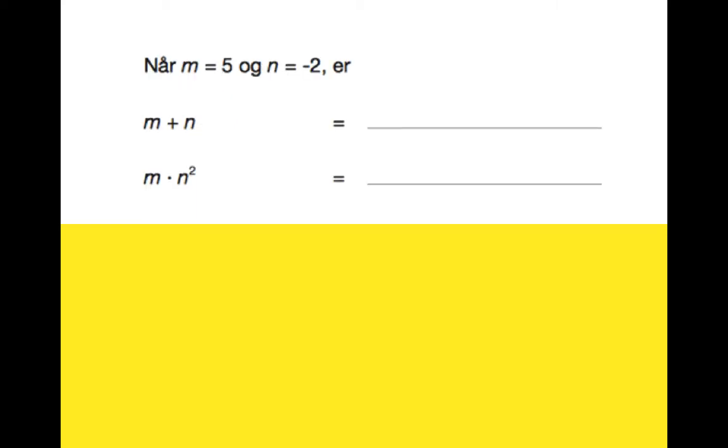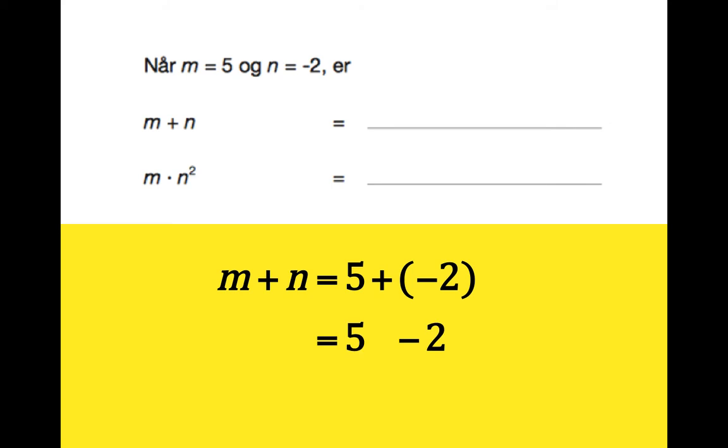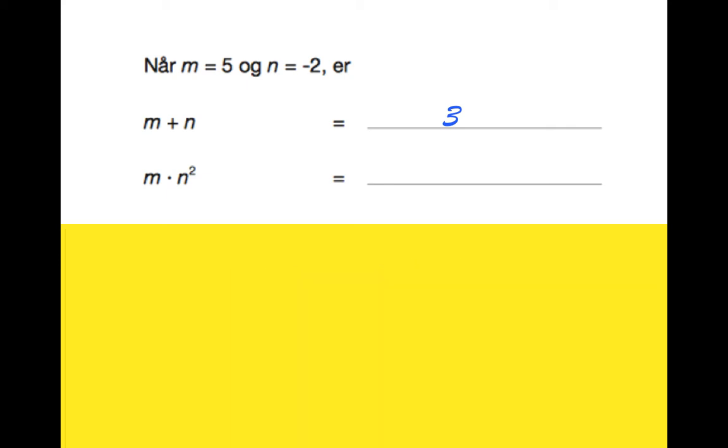Now the next couple of questions ask you to substitute some numbers for letters. So when m is 5 and n is minus 2, then m plus n is what? So m plus n is 5 plus minus 2, or in other words, 5 minus 2, which is 3. Next one, m times n squared is 5 times minus 2 squared.